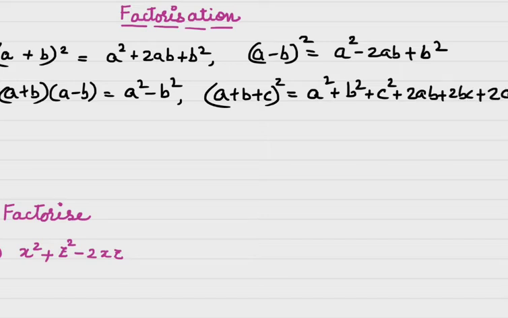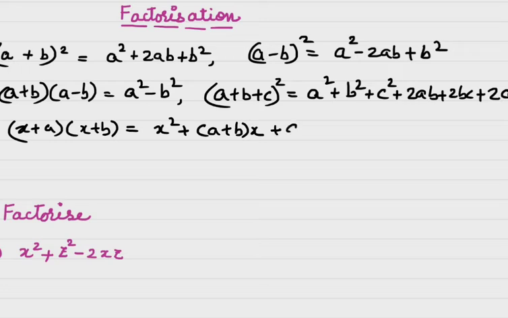And one more identity we have learned in some more useful identities, which was (x plus a) into (x plus b) equal to x square plus (a plus b) into x plus ab. These were some of the identities we have learnt in the beginning of the chapter, in algebraic identities part 1.